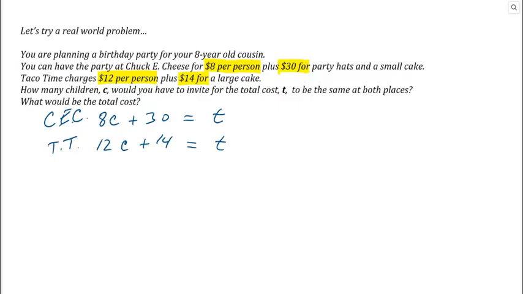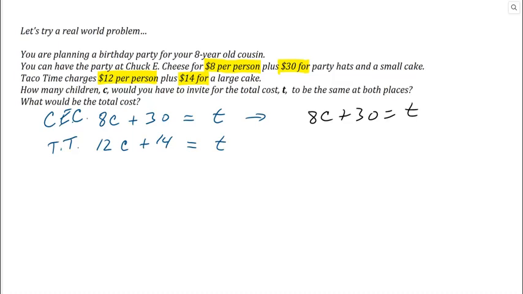Now you can see that neither one of these is in standard form, so we need to change that. We're going to do that right now. First of all, this 8C plus 30 equals T. Let's put this into standard form.